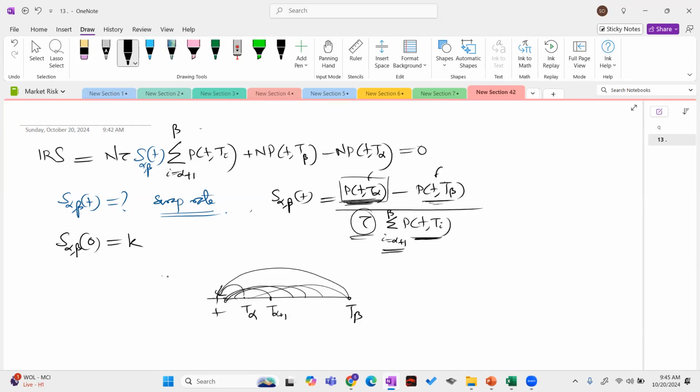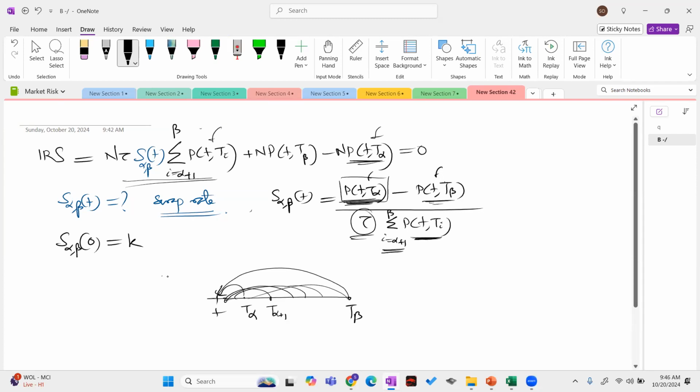Correct, because it is coming from this expression where you are discounting the fixed cash flows. Fixed cash flows start from the next period, not from T alpha. But this T alpha is coming because we discounted the floater to par, but it goes to the previous reset date, even before the first cash flow. That's why this one is separate.